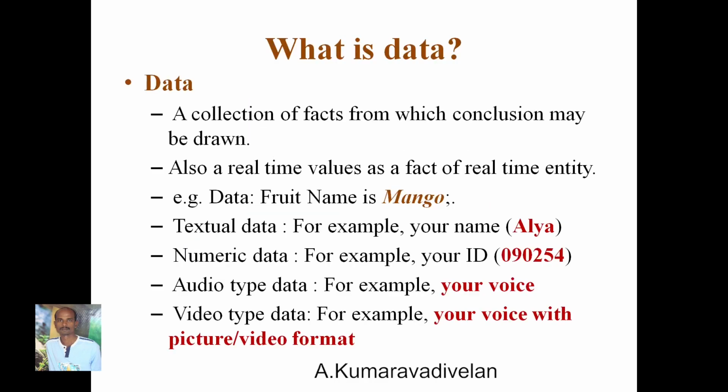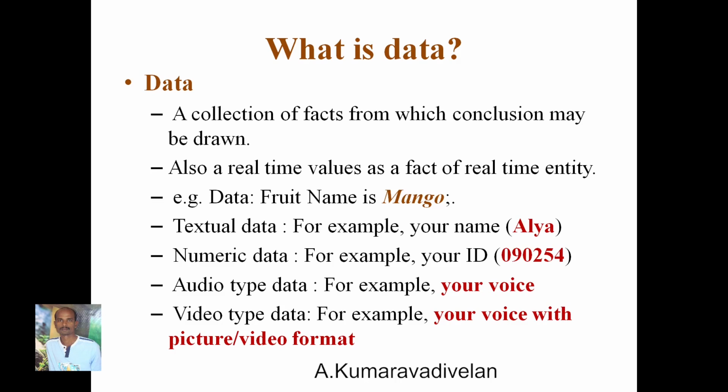What is data? Data means raw facts about the information. The data is collected from real-time entities, and the real-time values are accessible by people. So each and every term has data.